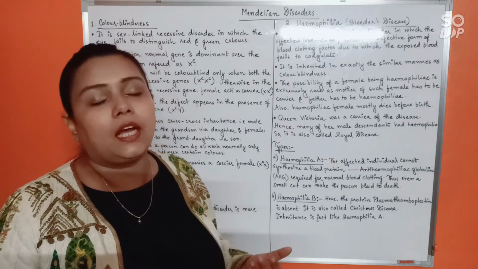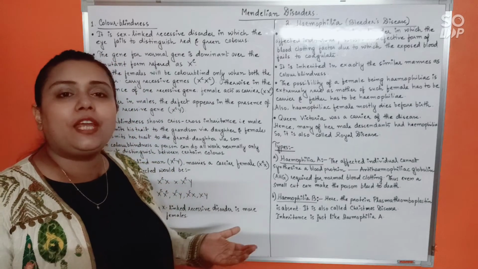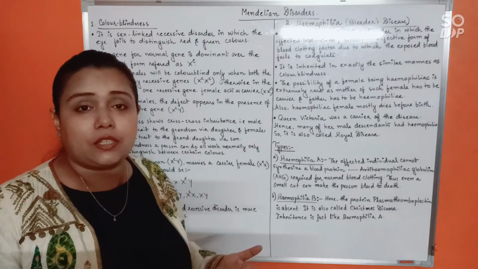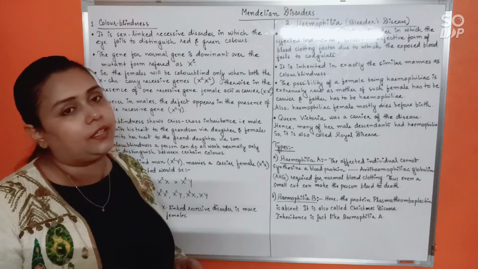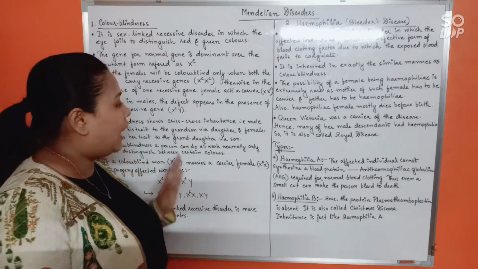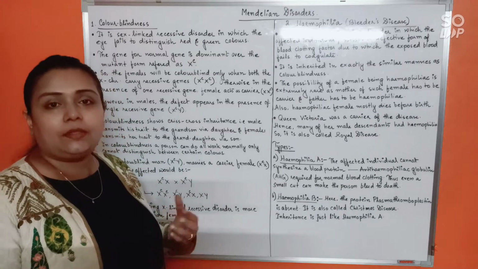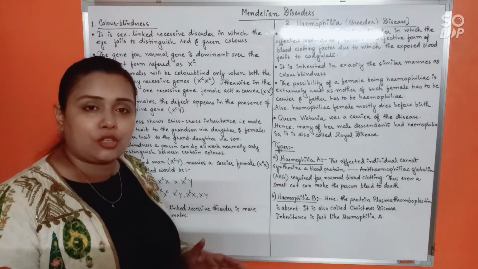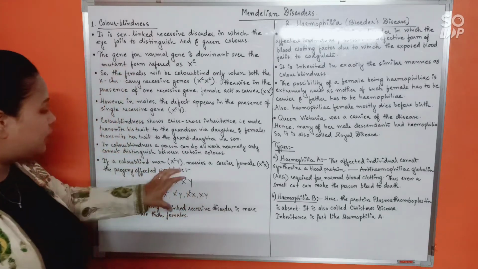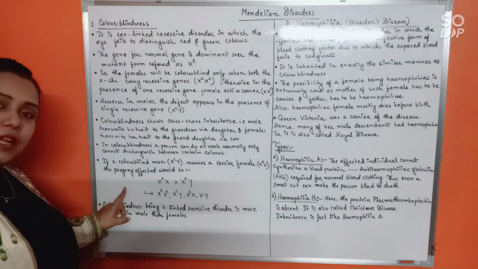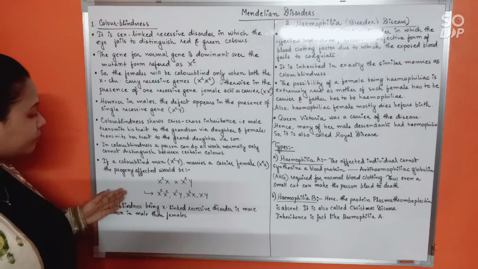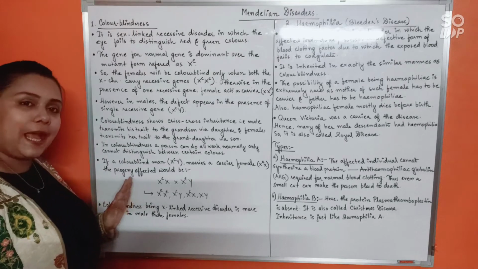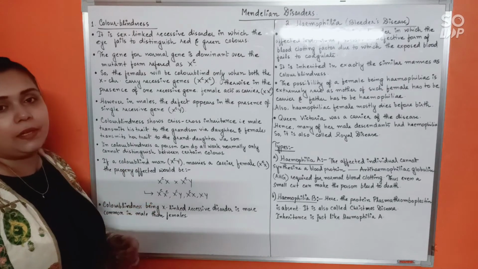So that's why color blindness, just like every other X-linked recessive disorder, would be mostly found in the males rather than in the females. Alright, I hope all of you are clear about color blindness. Now try to solve questions associated with this kind of problems, okay? Of course, you will get such questions very frequently. So as many of these questions as you can solve, that would be better for you.